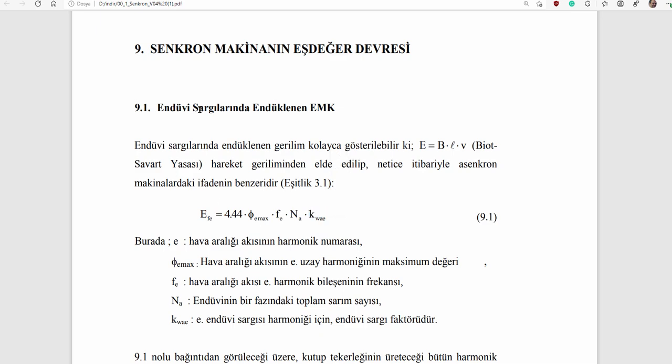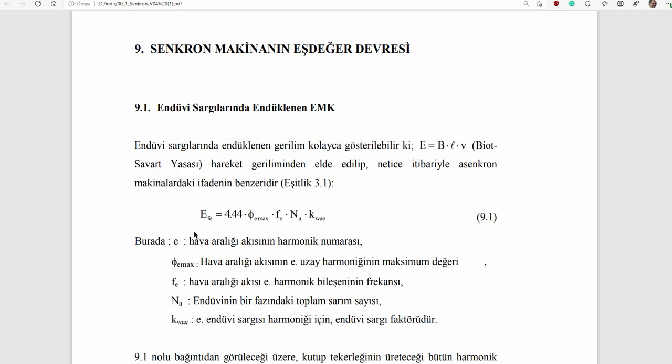And again, we are on the same topic. In the synchronous machine, in the beginning of the course, I mentioned that the armature winding, I mean the stator winding, is identical to what it was in the induction machine.